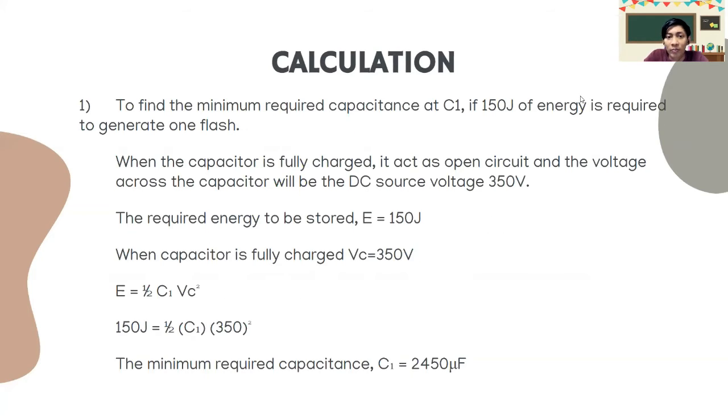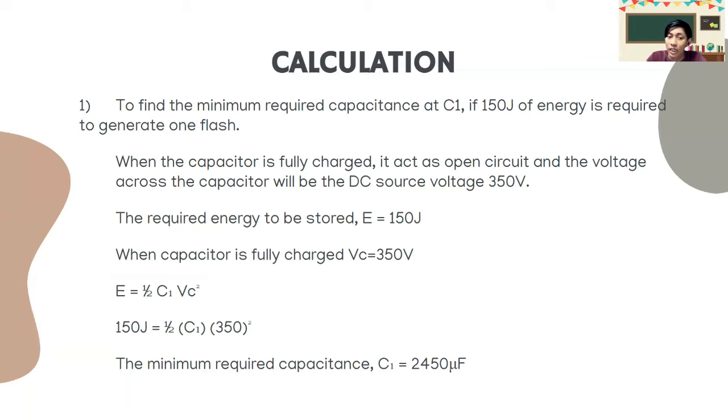Okay, for the first one, what is the minimum required capacitance at C1 if 150 joule of energy is required to generate one flash? When the capacitor is fully charged, it acts as an open circuit, and the voltage across the capacitor will be the DC source voltage, 350 volt. The required energy to be stored is 150 joule, and when the capacitor is fully charged, the capacitor voltage VC equals 350 volt.